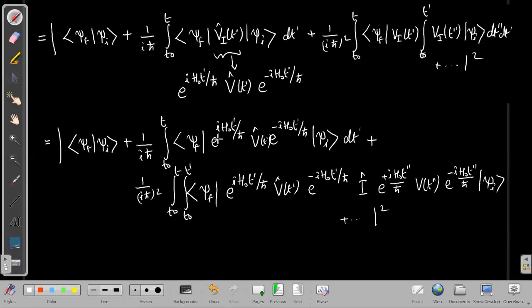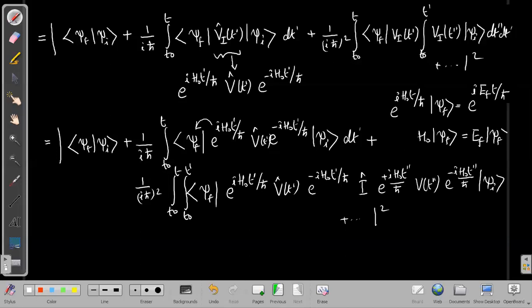Now we have to look at this very carefully. This e raised to iH0 t' by ħ, if it's acting on ⟨ψ_f|, what would be the result? So I will write here e raised to iH0 t by ħ acting on ψ_f. So this would give e raised to iE_f t by ħ. The reason is this ψ_f is the eigenstate of H0 with energy E_f, so it is the energy eigenstate.